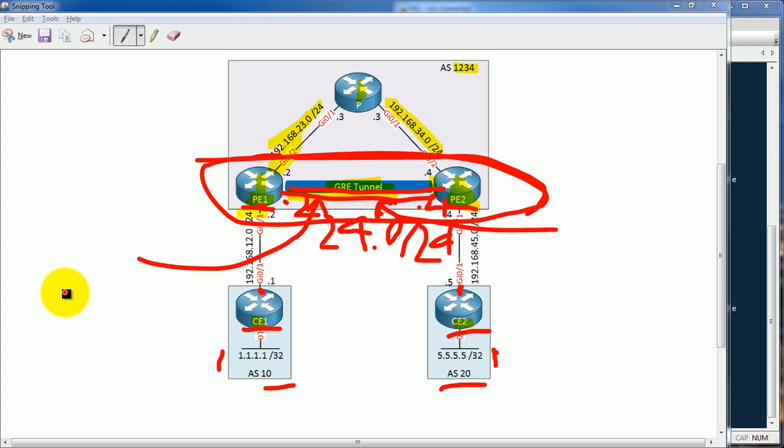Our P routers will install an IBGP peering using IPs on the GRE channel. I also could have installed IBGP between the loopback interfaces of P1 and P2 instead of the IP addresses of the tunnel interface. That way the BGP traffic between P1 and P2 wouldn't be encapsulated by GRE.